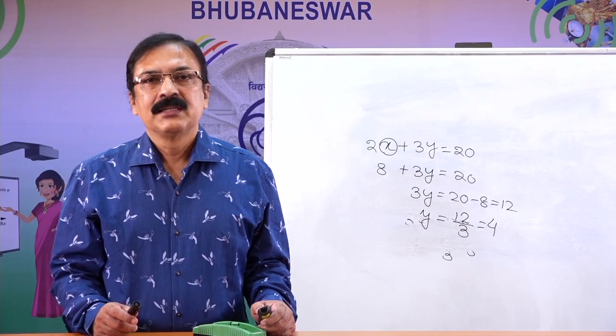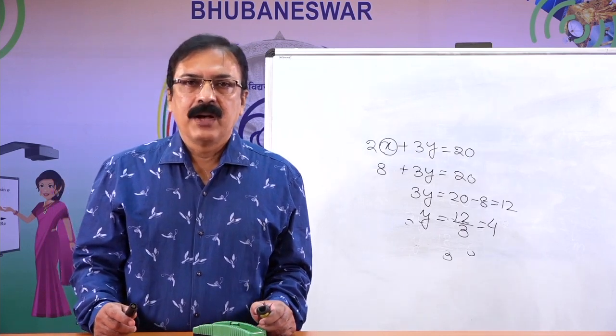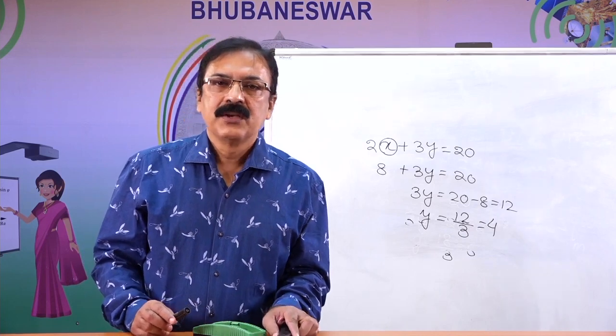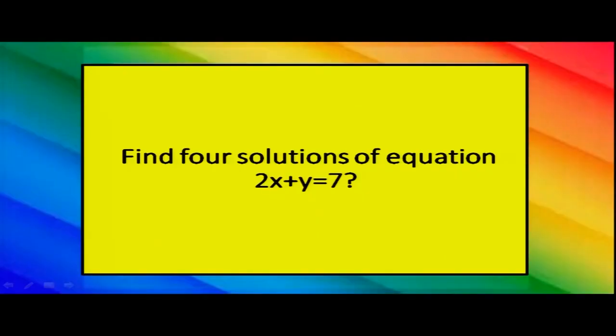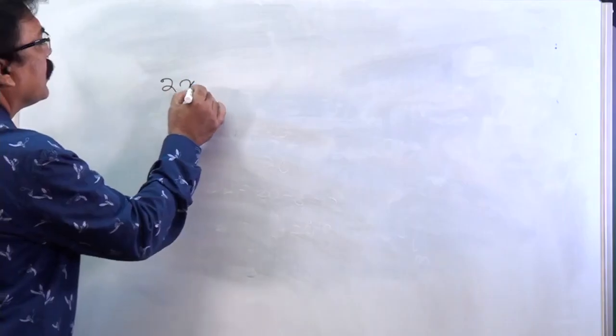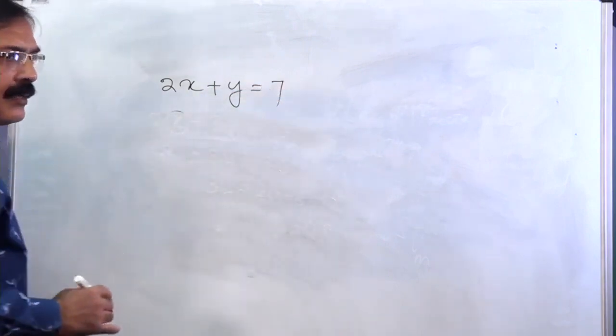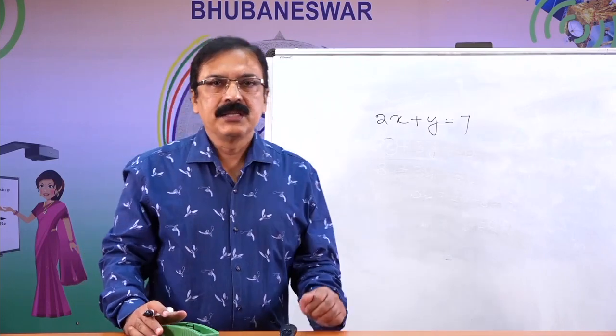Now let's do some sums. Find 4 solutions of equation 2x plus y is equal to 7. It is not necessary that we will get the solution in integers only.